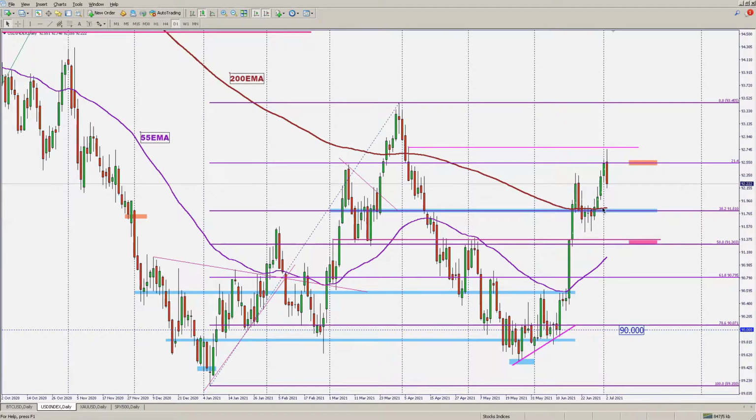So as long as the dollar doesn't drop below the 38 fib area at 91.81, there's still a possibility of further moves higher.